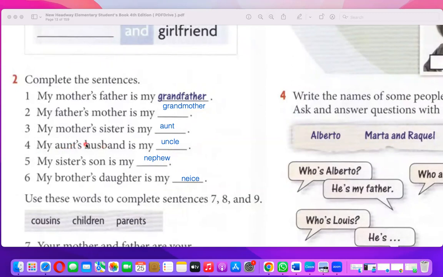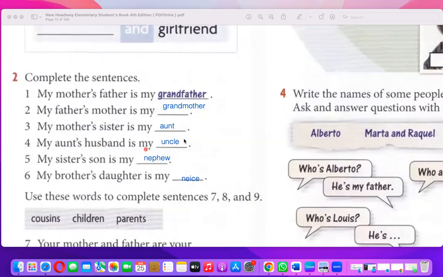For your aunt's husband, okay? Your aunt's husband, maybe your father's friend, also uncle. And for your mother's brother or your father's brother, you also call him uncle. The same thing for aunt. Okay?